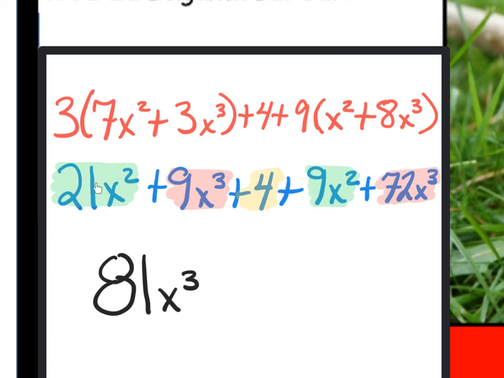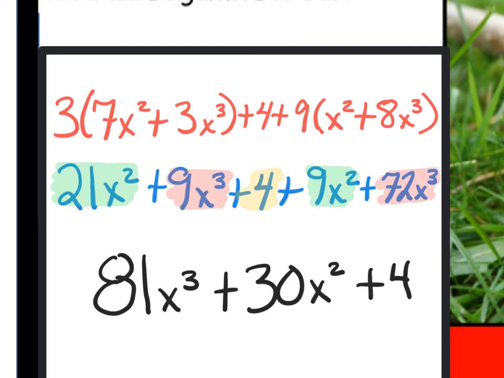Next, I want to take the 21 plus the 9, and that's going to give me 30. So I'm going to write 30x squared for that term. And then the last thing I have is just to add the 4 here. So I'm simply going to write plus 4, and bam, right there you have it, my friends. 81x cubed plus 30x squared plus 4 is your answer.